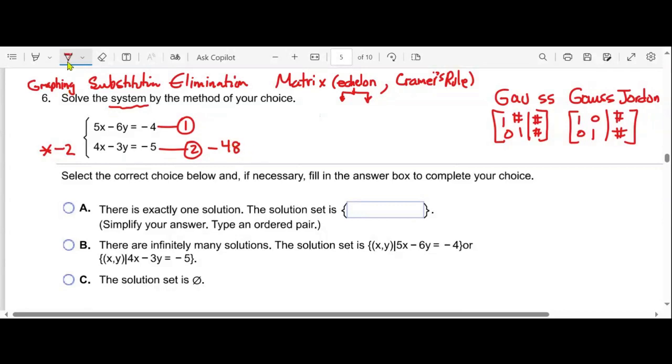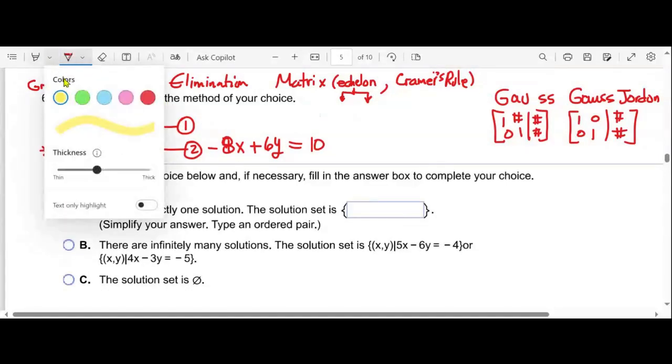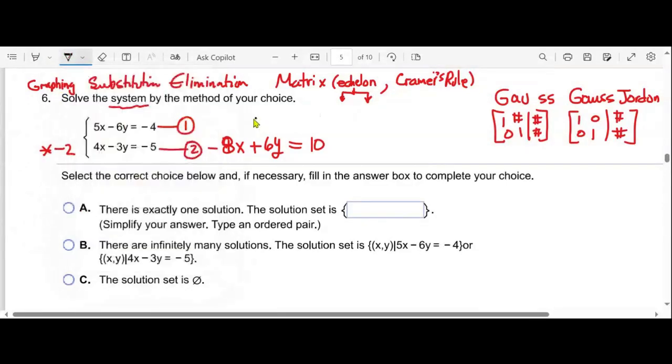Negative 4x, I'm sorry, negative 8x, correct? Plus 6y equals 10. And the top one, I didn't make any changes, right? It's the same. So 5x minus 6y equals -4.